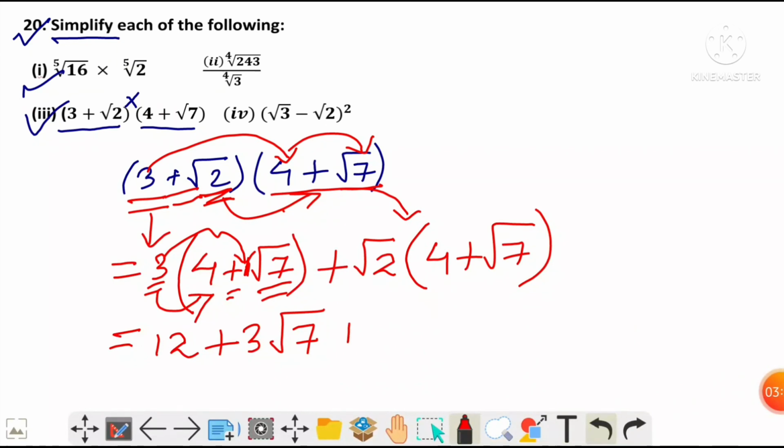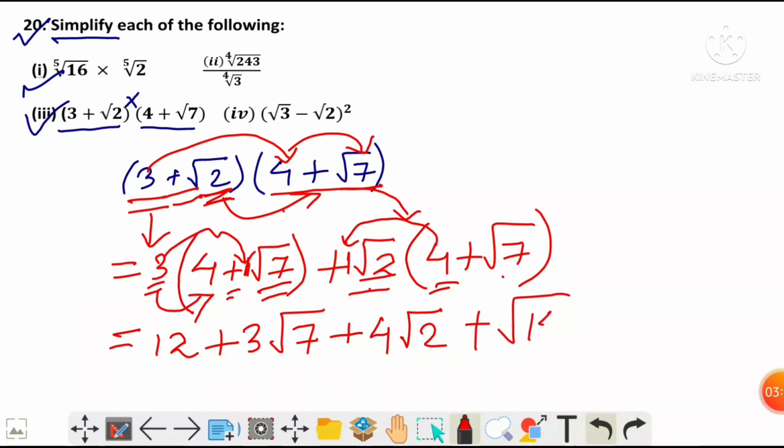So 3 1s are 3 into root 7 plus root 2 and 4. The same way 4 1s are 4 and root 2, 4 root 2, plus into plus is plus, plus. We'll multiply the roots. 2 7s are 14.